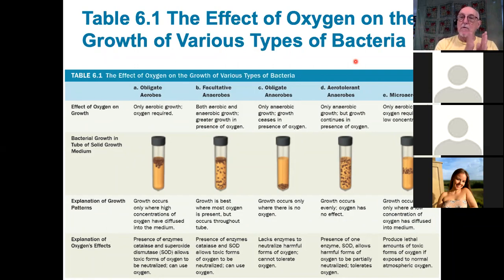But there are those prokaryotes which are unable to survive in the presence of oxygen. They have no way of dealing with the damaging effects of oxygen. So they must exist in the complete absence of oxygen. And those we call the obligate anaerobes. And there are a couple of groups which are really important, especially in human health, which we will hear about as we go along.